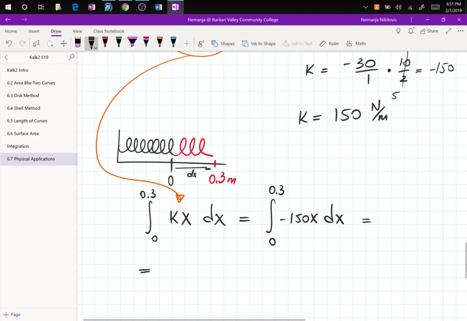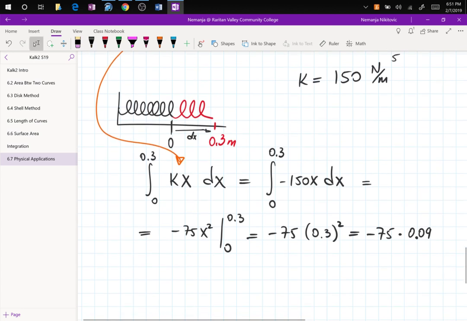It's more of understanding what you're doing in the physics world, rather than actually integrating this; you can all integrate this in your sleep. Half of 150 is 75, so negative 75x squared from 0 to 0.3, and we get negative 75 times 0.3 squared, which is negative 75 times 0.09.